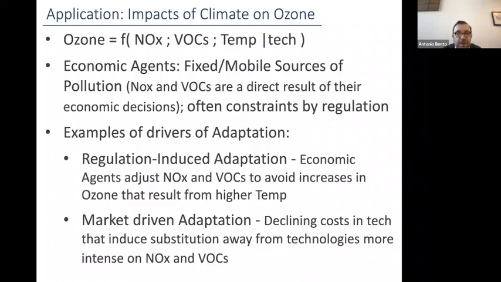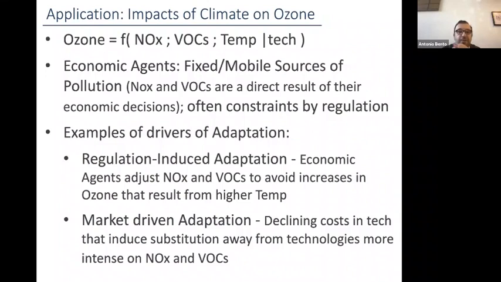So suppose a polluting facility is deciding the levels of production, and with the production comes NOx and VOCs, and the firm is actually regulated on those.